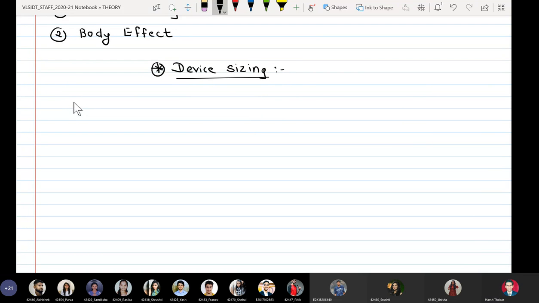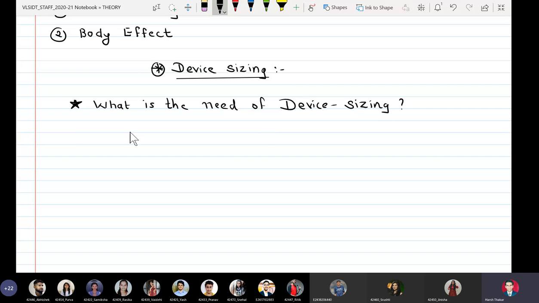So what is the need of device sizing? We can put down some facts.